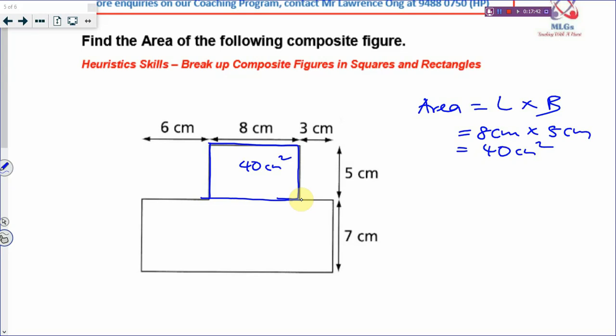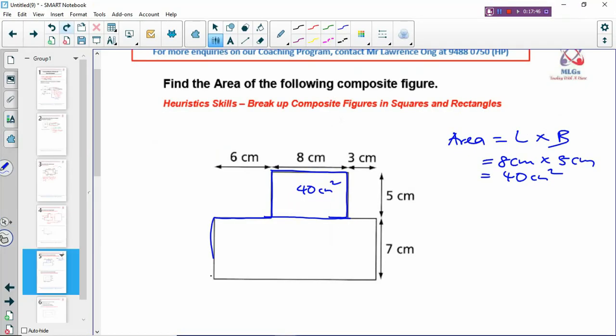Okay, how about the bottom? How do you find the area of this longer rectangle? You have to find the unknown sides. What is the length, which is the longer side? You look carefully. You have 6 plus 8 plus 3.